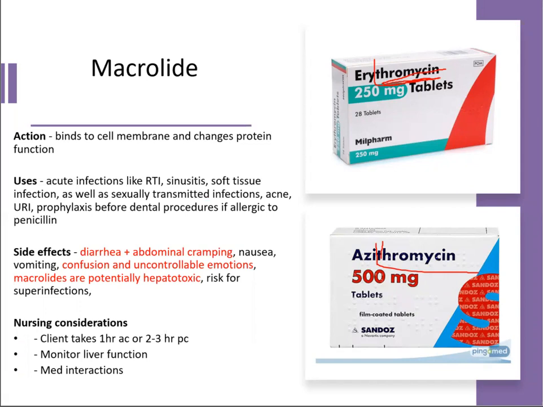This drug could cause nausea and vomiting. It could also cause confusion and uncontrollable emotions. Macrolides are potentially hepatotoxic, and there's also risk for superinfection. So you want to look out for that.